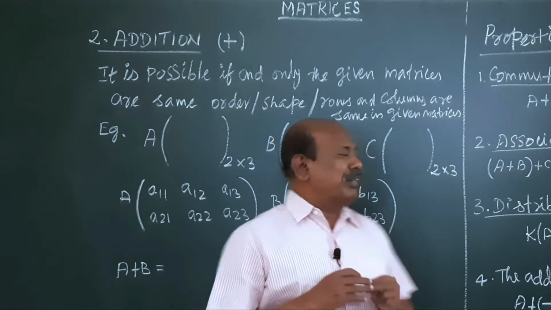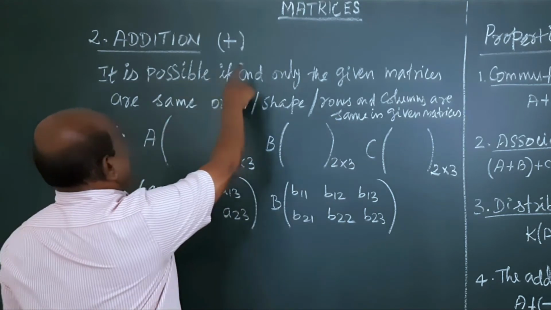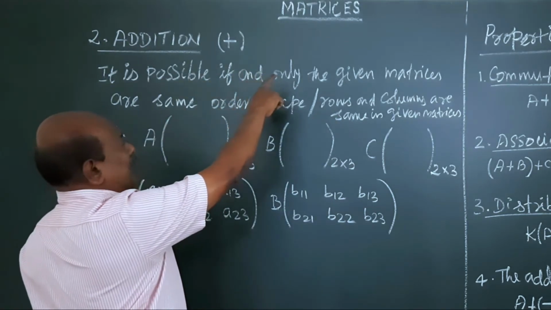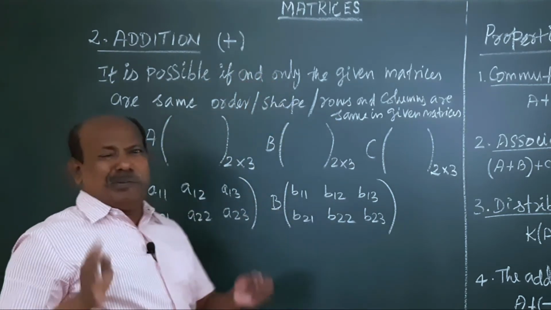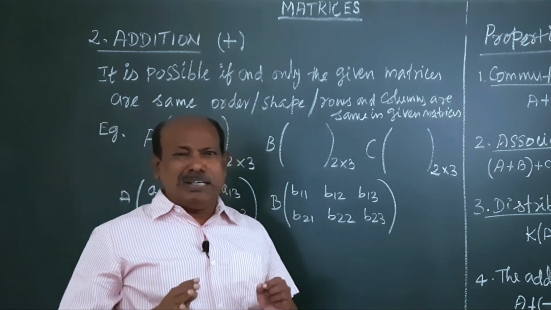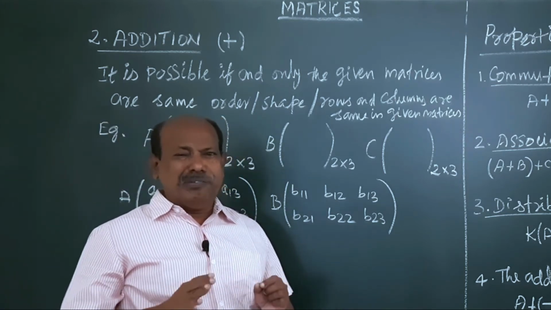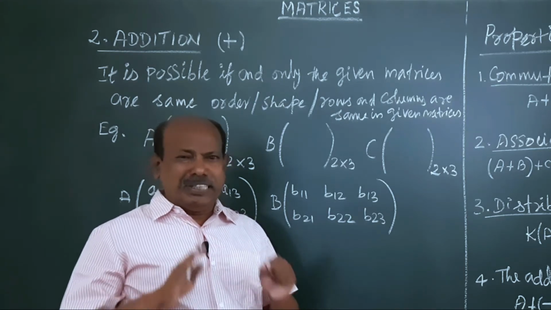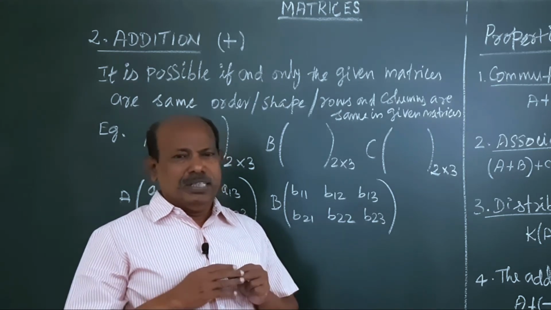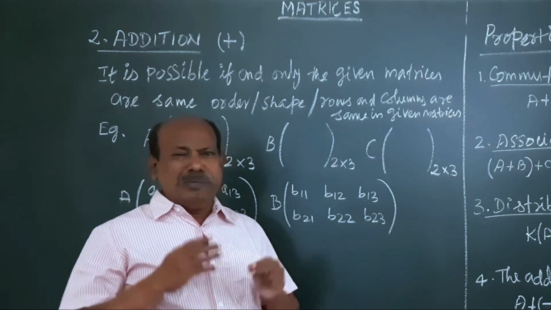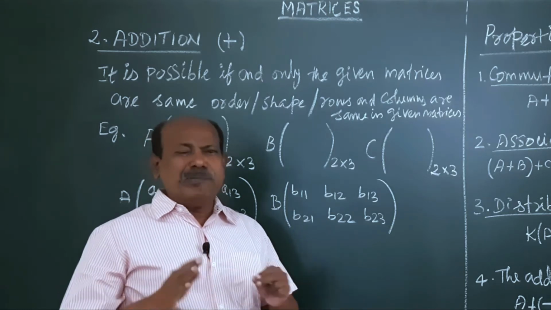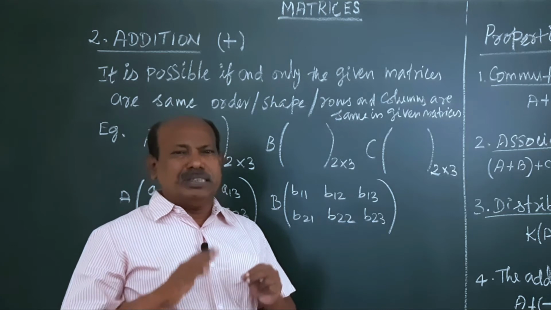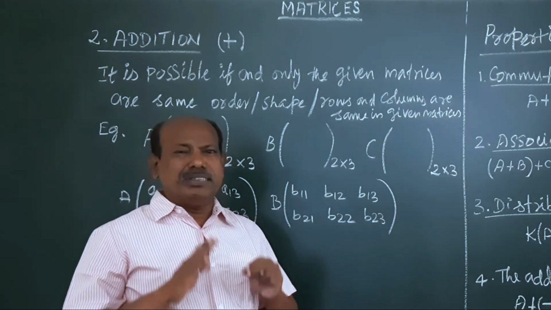You see here, for addition of any given matrices, the addition is possible if and only if their order or their shape is the same. That means the given matrices are of the same order, same shape, or same size.